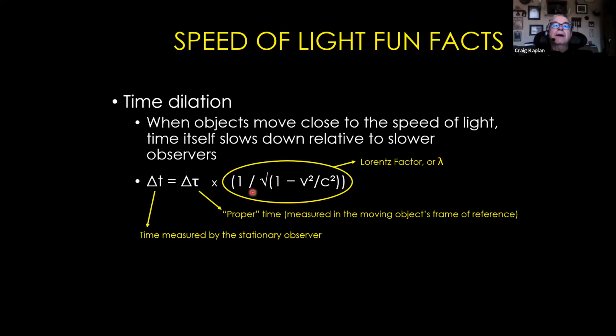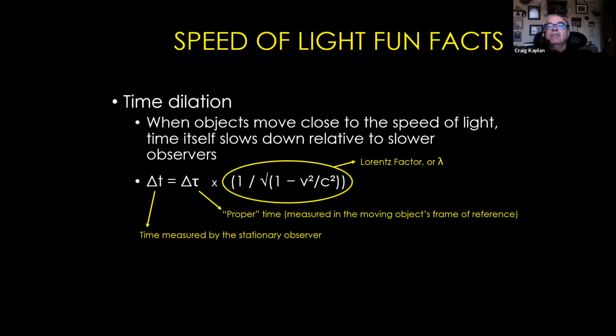This is 1 divided by the square root of 1 minus this ratio squared. Because v can never exceed the speed of light, this ratio will always be a fraction between 0 and 1.